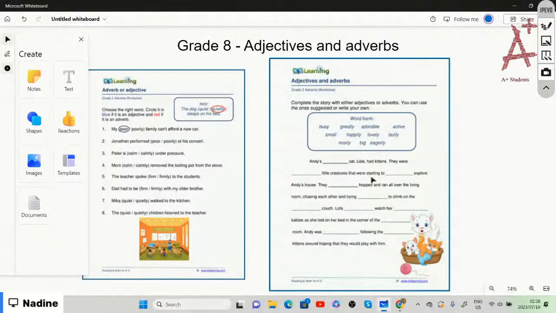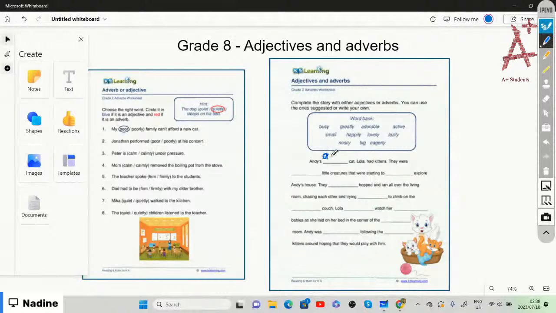Cat. We are describing the cat. So if we were to describe the cat, maybe we can say Andy's adorable cat, cute cat, right? Cat Lola had kittens.